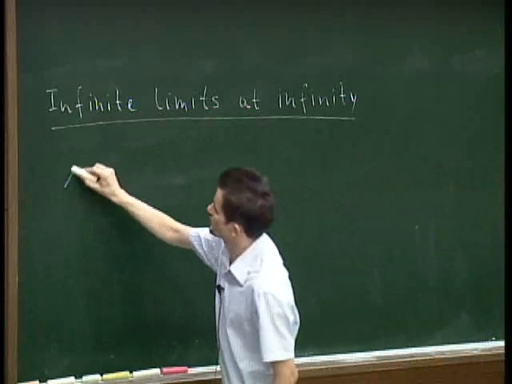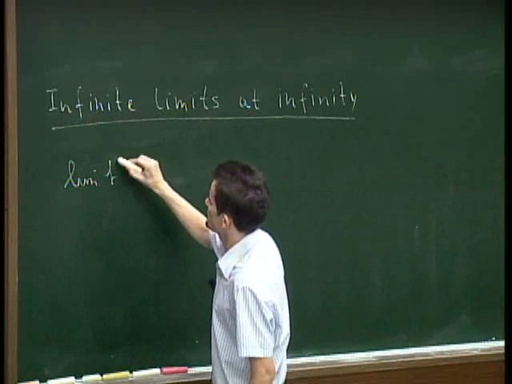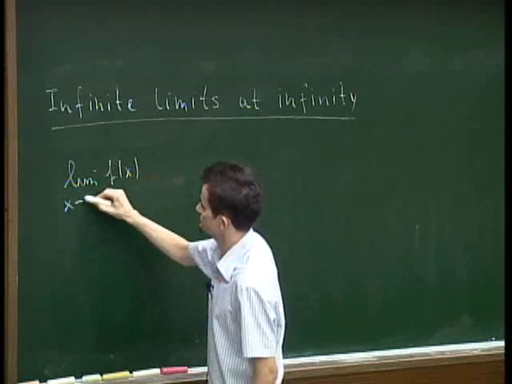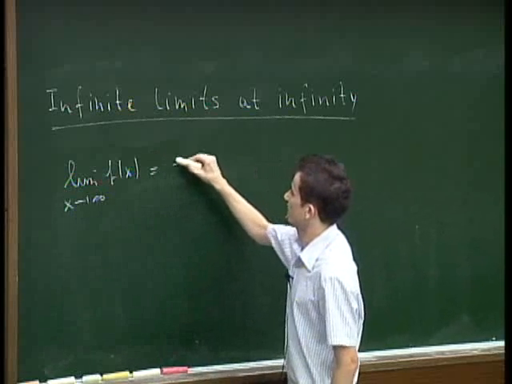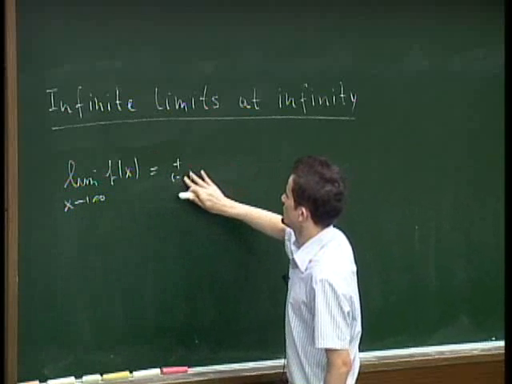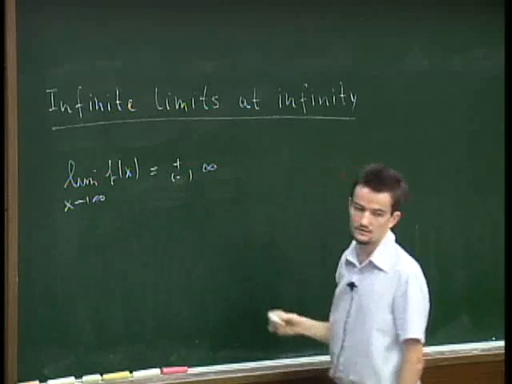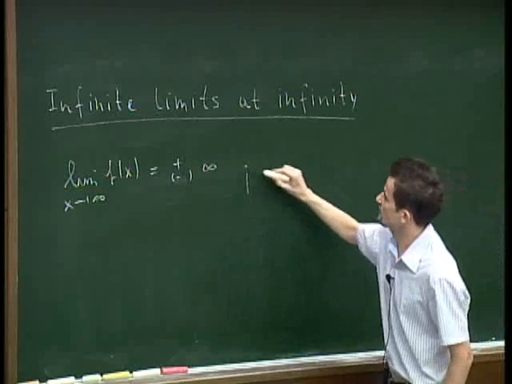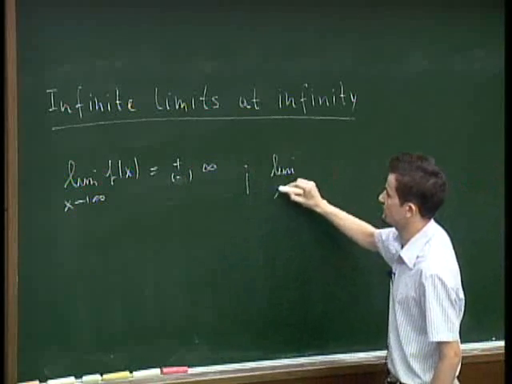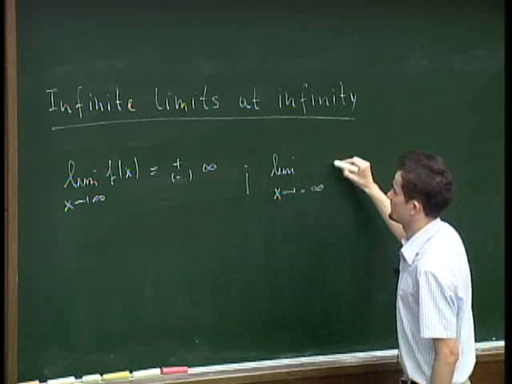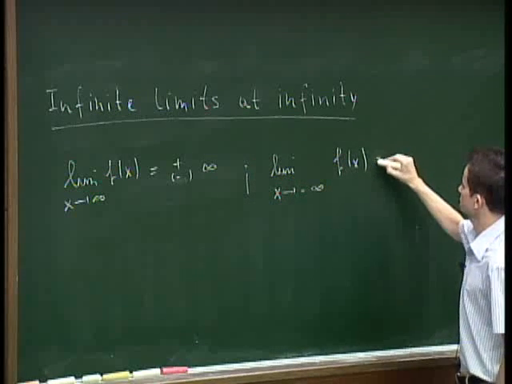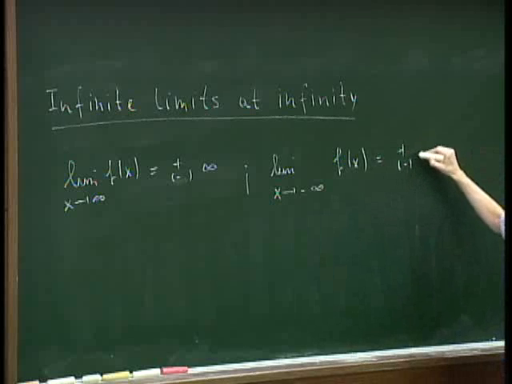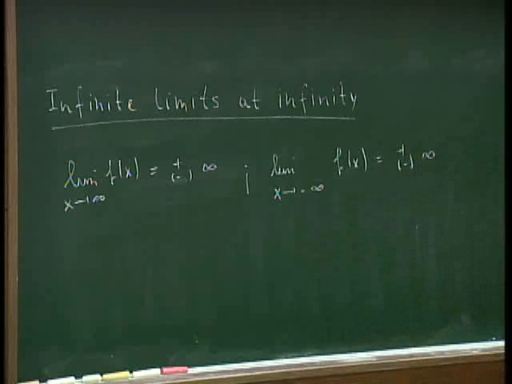You can do it on your own. You can easily figure out what I mean by something like this here: plus or minus infinity. And you can also easily write down the precise definition of this. So also for this, we have a precise definition.